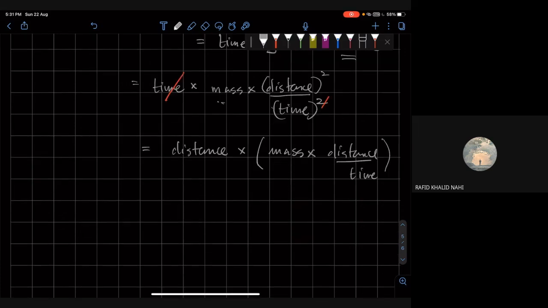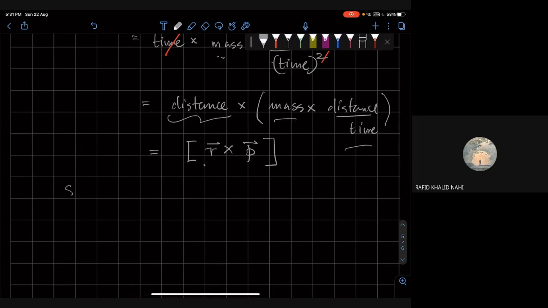So see that this is nothing but the dimension of r cross p, right? r is distance, p is momentum, mass times velocity. So in other words, the action S has dimension of angular momentum.